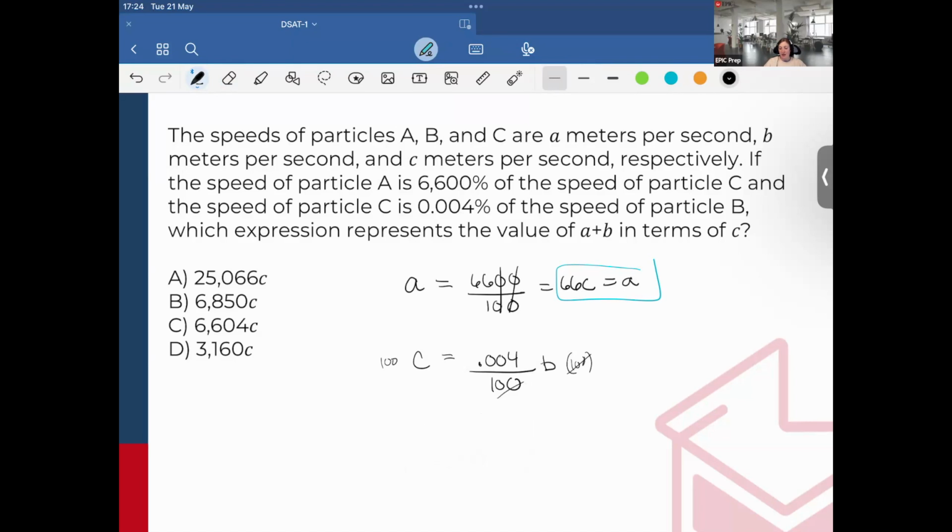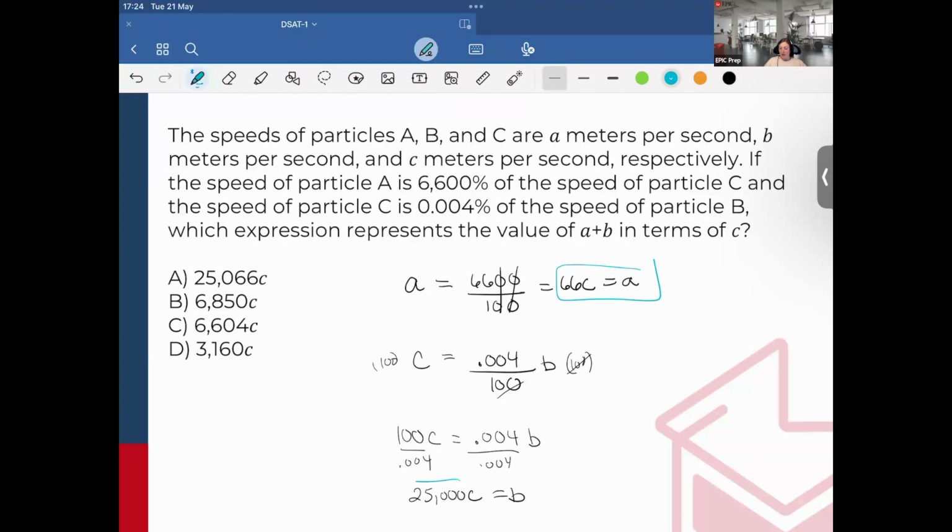So that cancels here. So I get 100 C is equal to 0.004 B. Divide each side by 0.004. And that will give me 25,000 C is equal to B.